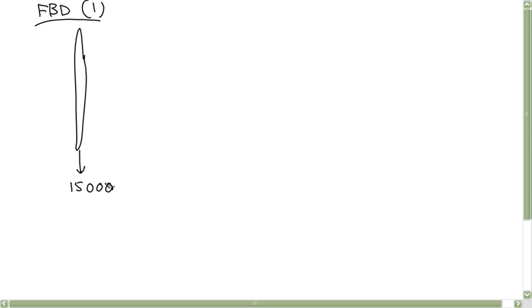You could also write it as a vector of 0, negative 15,000. Then what force do you have here at joint A? This is where it connects with member 2. So what force do you have there? We're looking at 1, so it's on 1 by 2. And then up here, that's where it connects with 3. So that's F13.